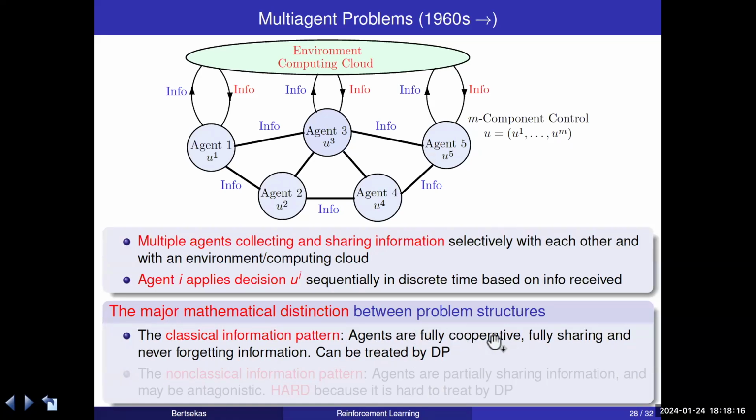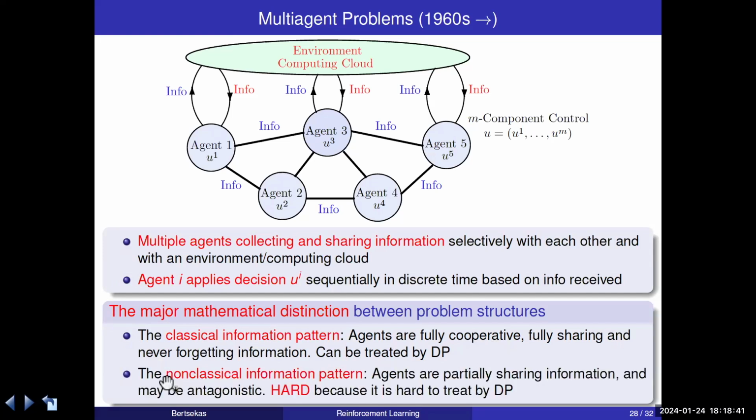They're not fighting each other. They don't have different objectives. They work for the same purpose, and they fully share information, and they never forget the information that they have got. Now, this is the easier type of problem because it can be treated as dynamic programming, as I'm going to show in the next slide.